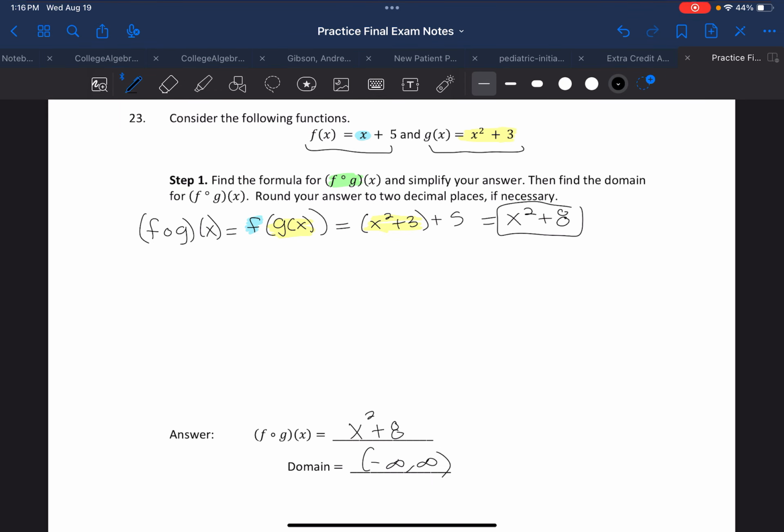And restrictions include fractions, and the restriction on that is the denominator cannot be 0.